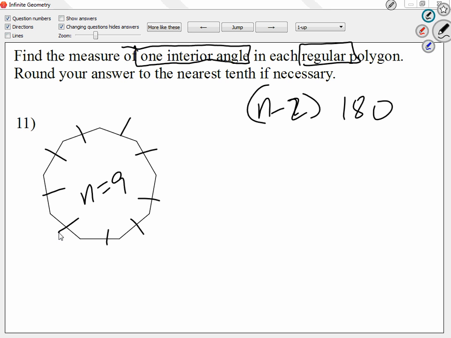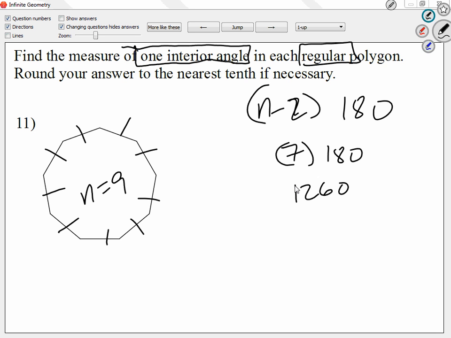So I know n equals 9. If I want to know how much they all add up to, I'm going to go 7 times 180. The 7 because I went n minus 2. How much is 7 times 180? 1260. Alright, so all the angles add up to 1260.